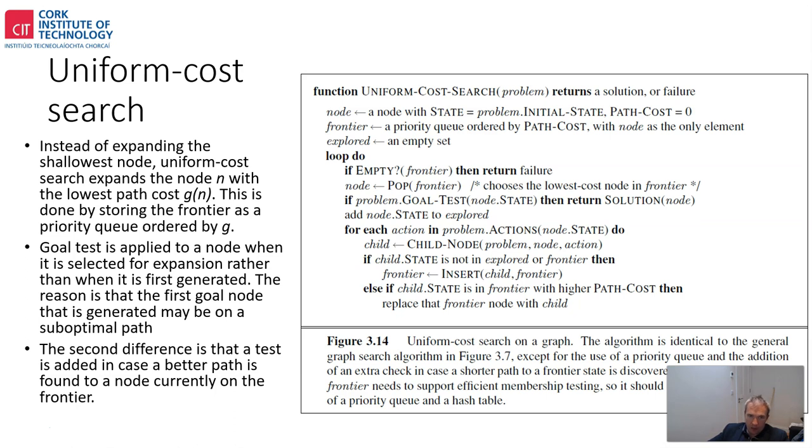So UCS takes in a problem, returns solution or failure. Again, our root node is the node state, the initial state, path cost is 0. Frontier, we're defining our priority queue. And the priority queue is ordered by the path cost with the node as the only element. Explored is our empty set. So if empty frontier, return failure.